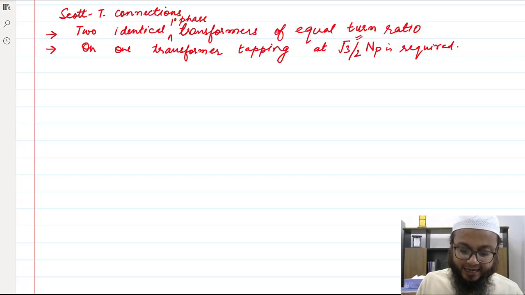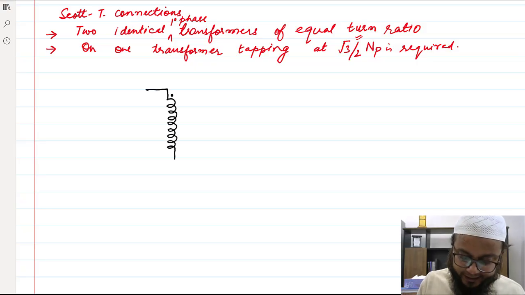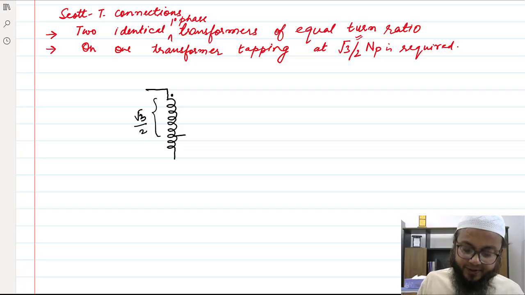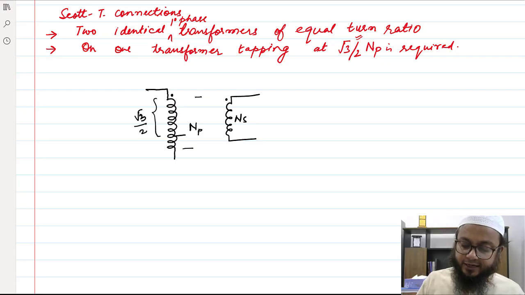We have two single-phase transformers. Let's say for one transformer winding, if this entire number of turns is NP, and for the secondary side this entire number of turns is NS, the turn ratio NP upon NS, primary upon secondary, is A:1.